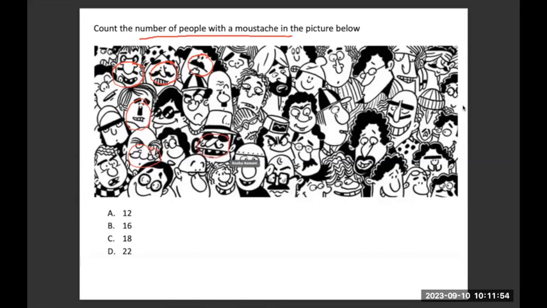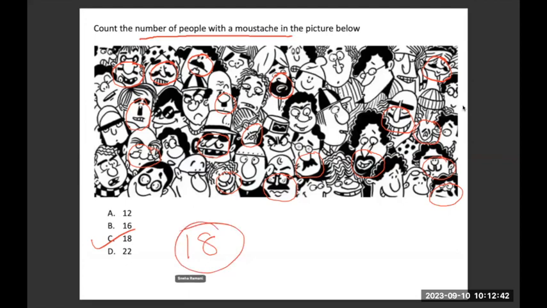6, 7, 8, 9, 10, 11, 12, 13, 14, 15, 16, 17, and 18.